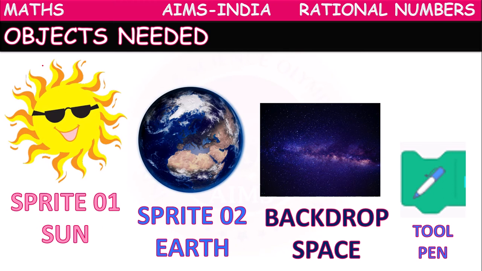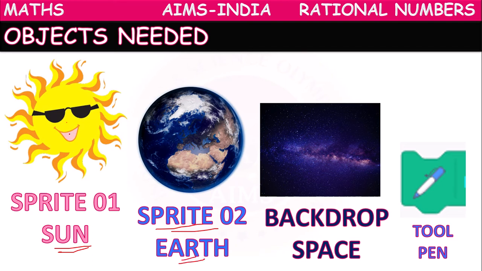So for designing the project, we need Sprites, some objects we need. Here an object is termed a Sprite in this coding software. Sprite 1, sun we need. Sprite 2, earth we need.